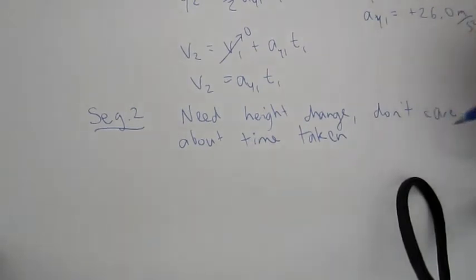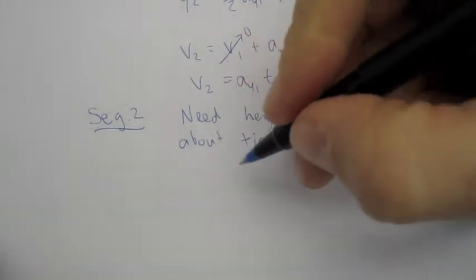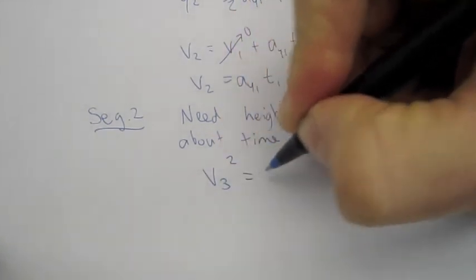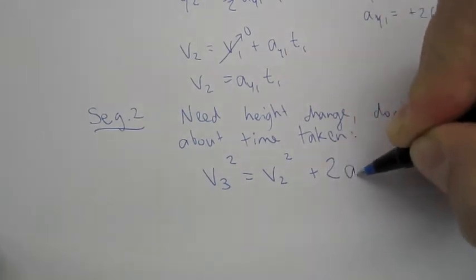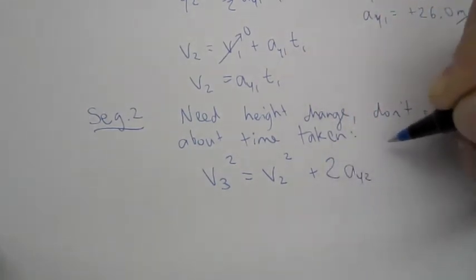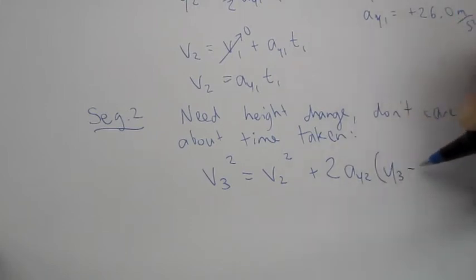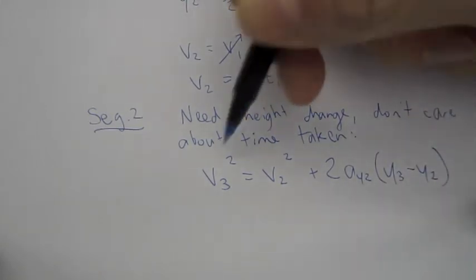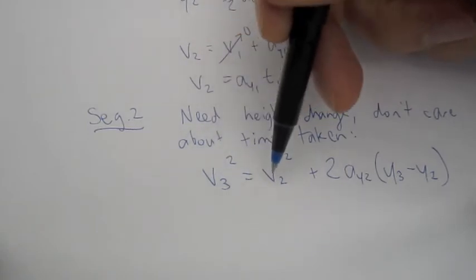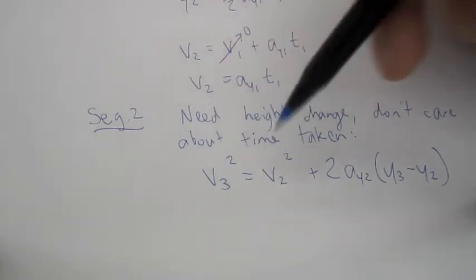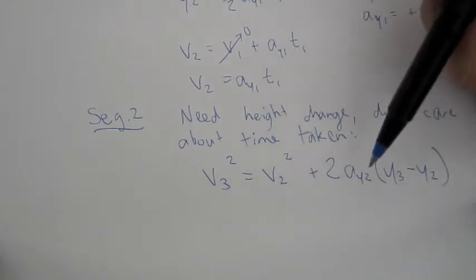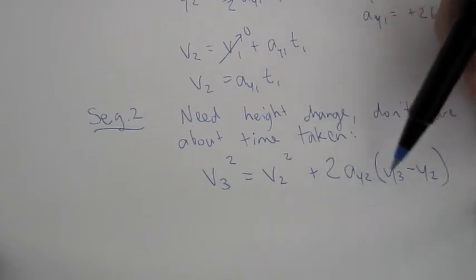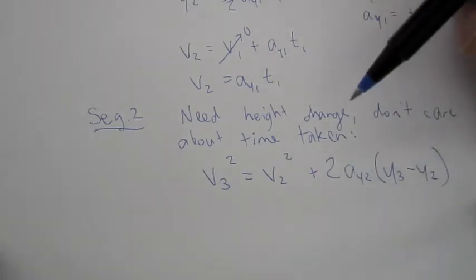So we can use a variety of different things, but the equation I'm going to choose to use will be v3 squared equals v2 squared plus 2 times ay in the second segment times y3 minus y2. So the final speed squared is equal to the initial speed squared, coming from the final speed of segment 1, plus 2 times the acceleration. In this case, it's just negative g times this difference in height.